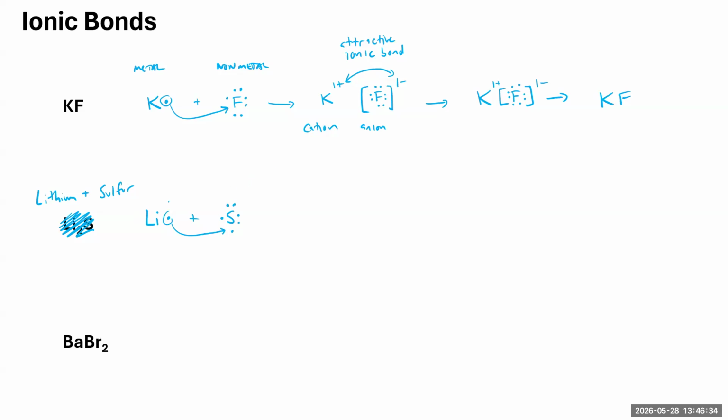Well, lithium, cool, happy, right? Because it lost that one electron. But what's going to happen here, sulfur is not happy because it does not have eight. Sulfur still does not have eight electrons.